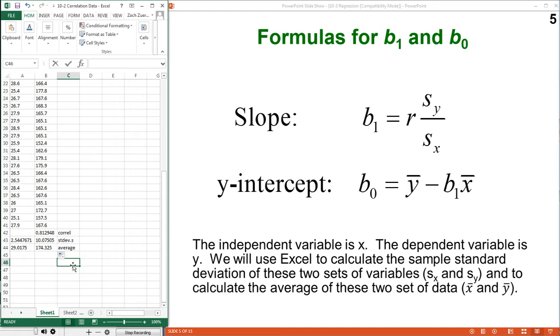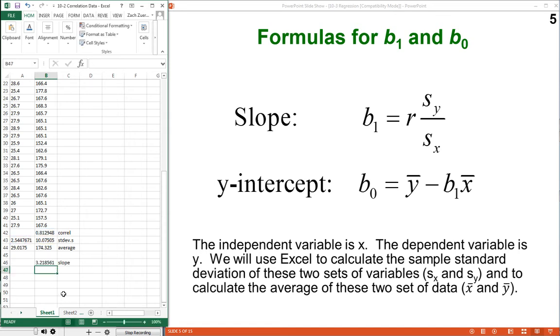The slope is going to be equal to the correlation coefficient times the standard deviation of the height, divided by the standard deviation of the shoe. Hit enter.